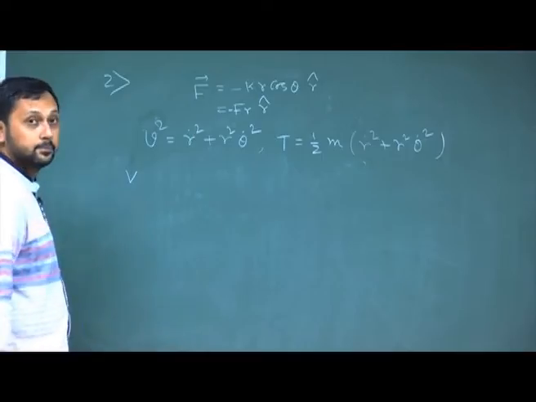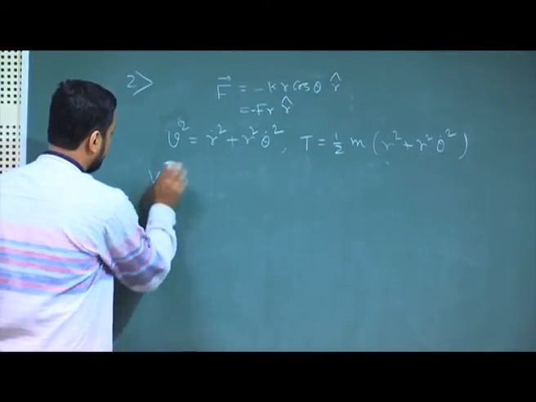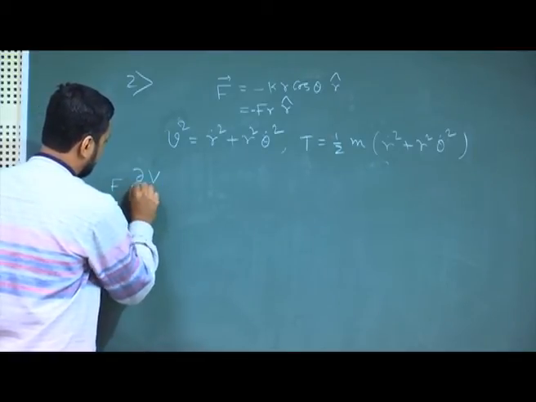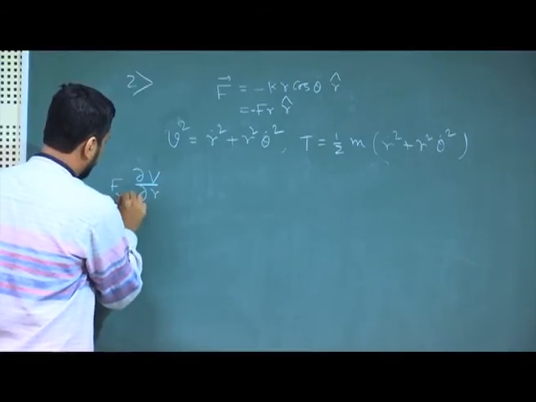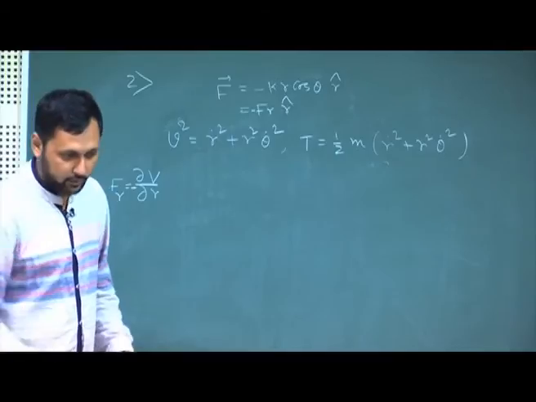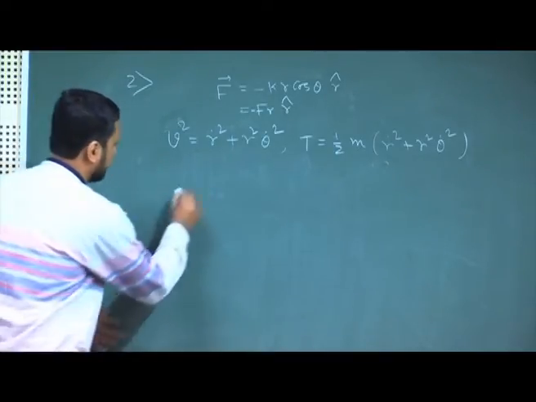What is V? That is the question. V is the potential energy, and please remember that F_r is equal to minus del V del r. I will just write it here.